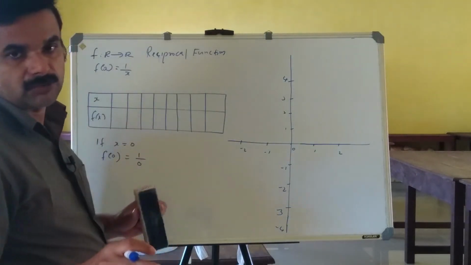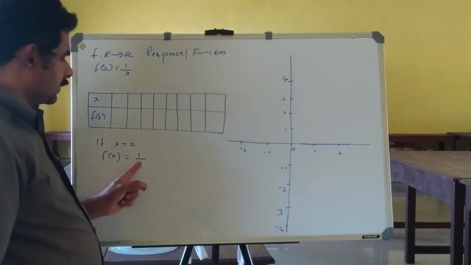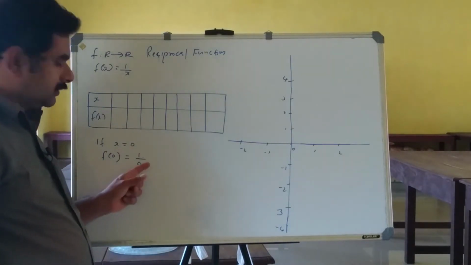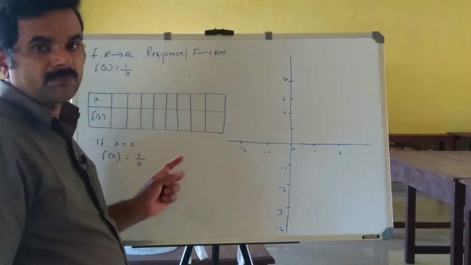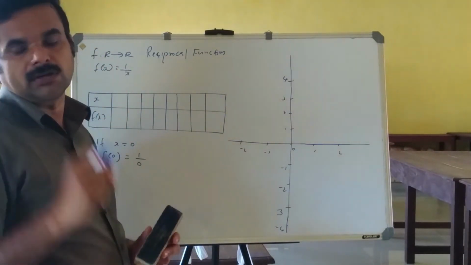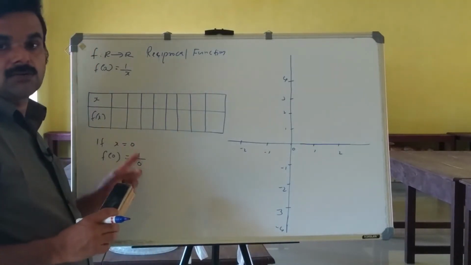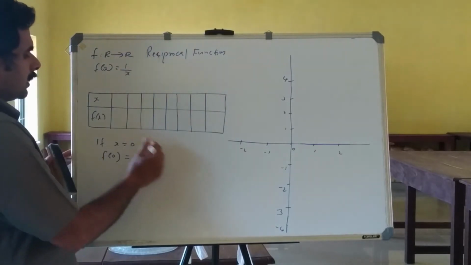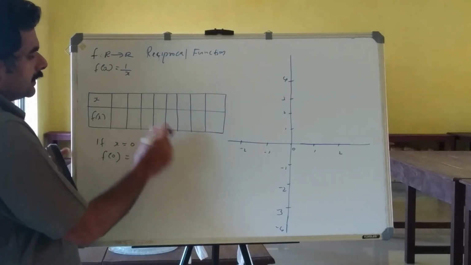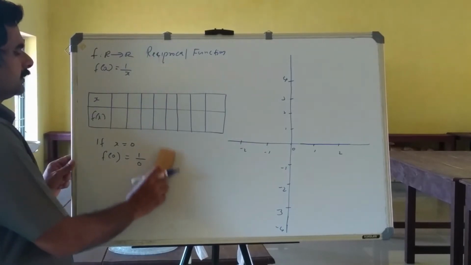Then you take your calculator and find the value of 1 by 0. There is no corresponding answer for 1 by 0, and your calculator will show an error symbol, E symbol, at the top right corner. So this means what? Division by 0 is not found out. So 0 cannot be taken. Okay.